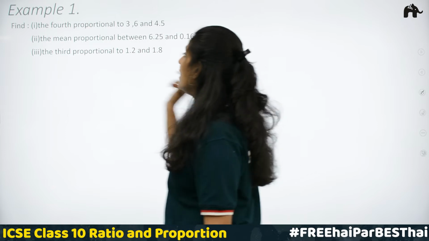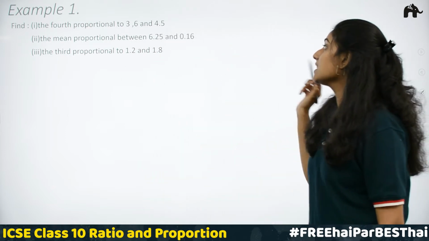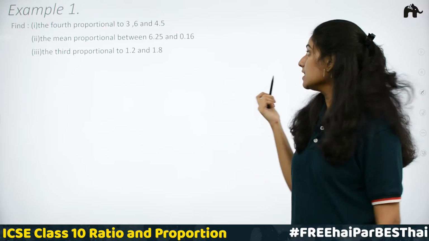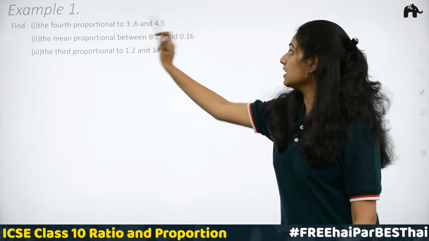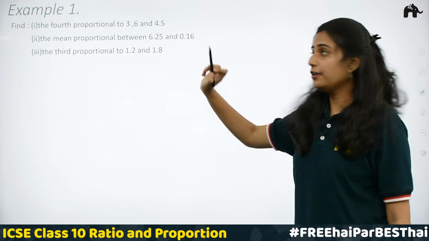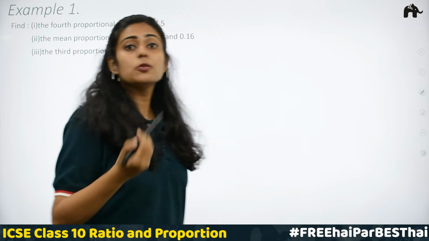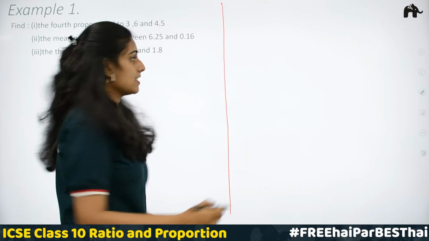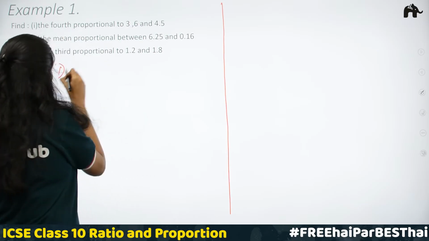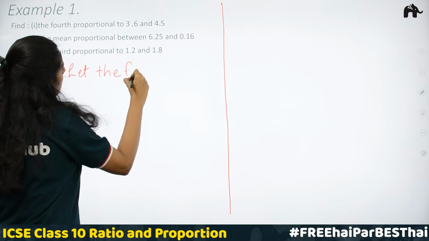First question, find the fourth proportional to 3, 6 and 4.5. The first term is 3, second term is 6, third term is 4.5 and we need to find the fourth proportional. In that case, we will take the fourth proportional as x. The unknown quantity we usually take as x.